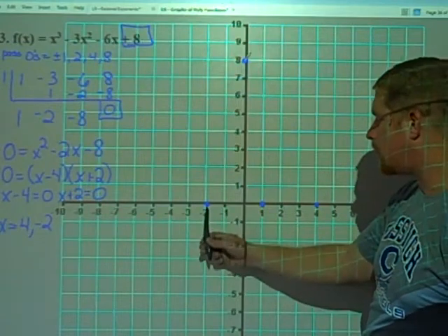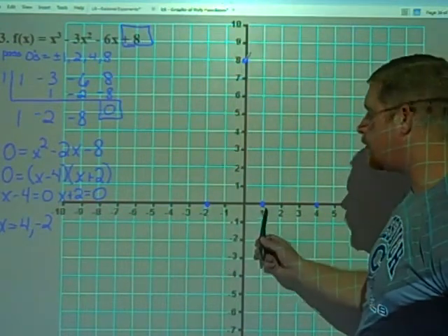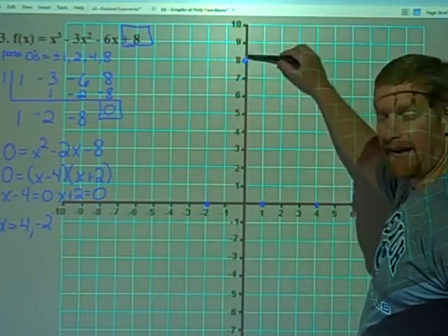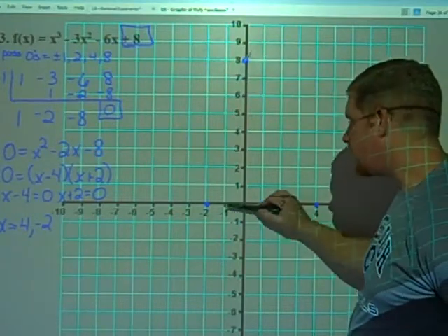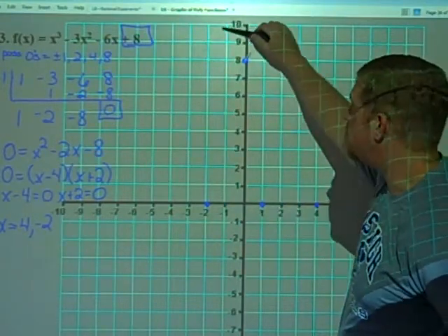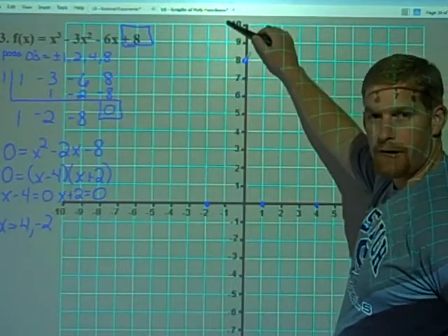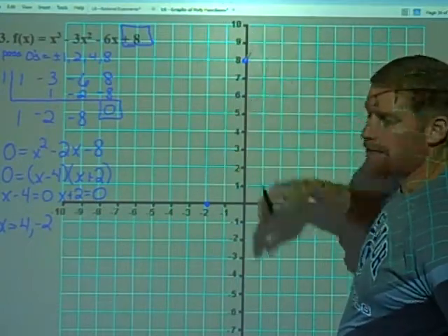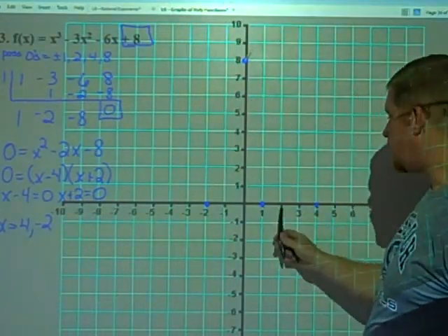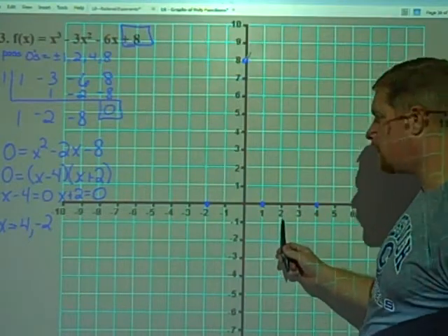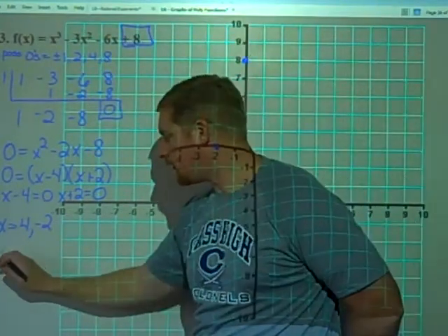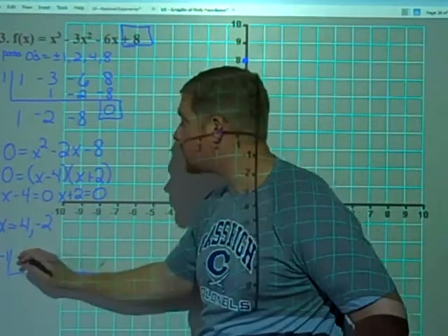All right, for the points in between negative 2 and 1, I already have 8, but I can go with negative 1 just to see how high my function might be going. And over here, I'm just going to use 2. So let's start with the negative 1, using synthetic division.